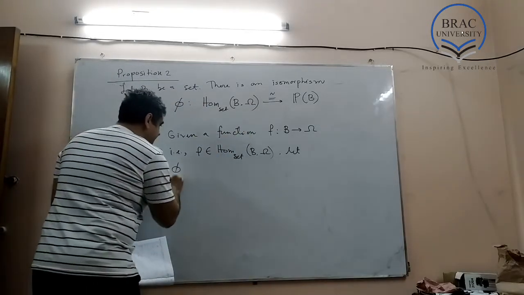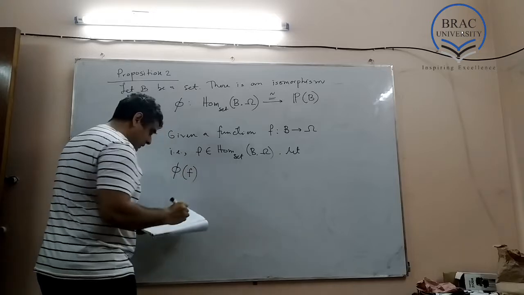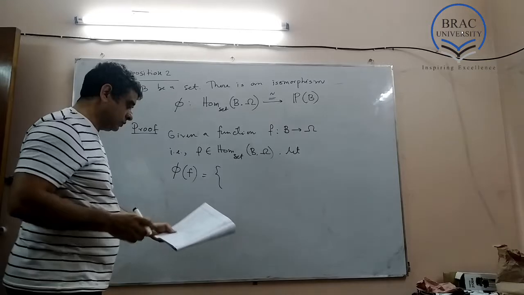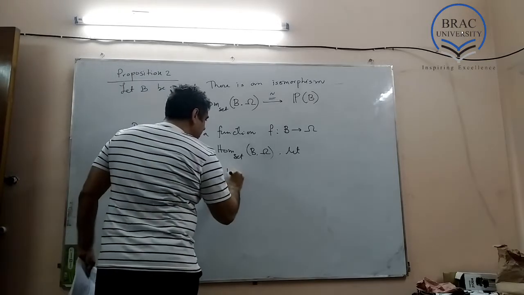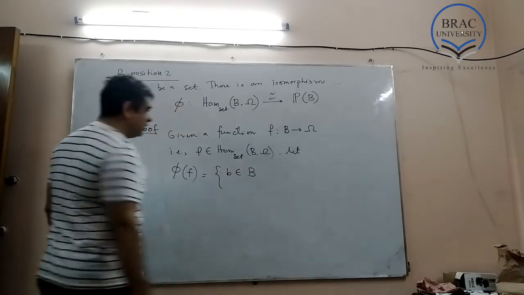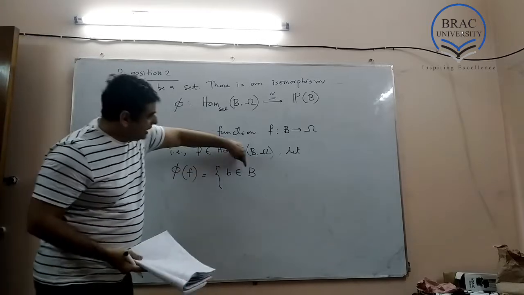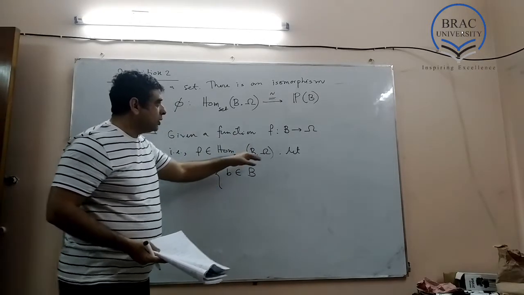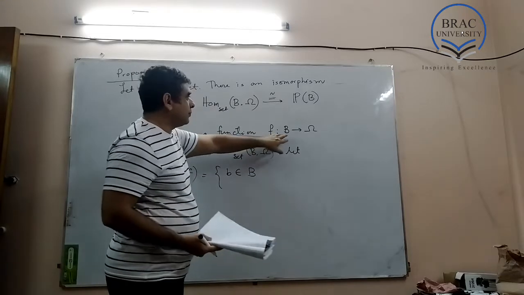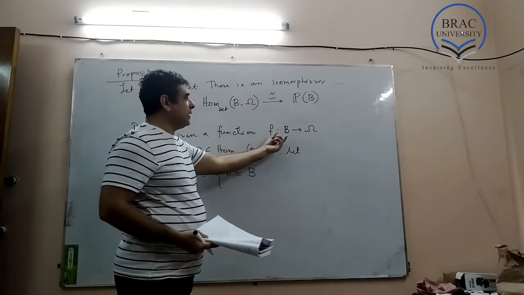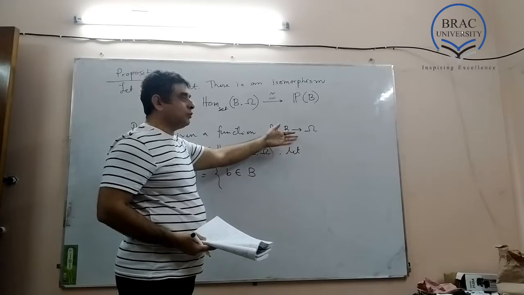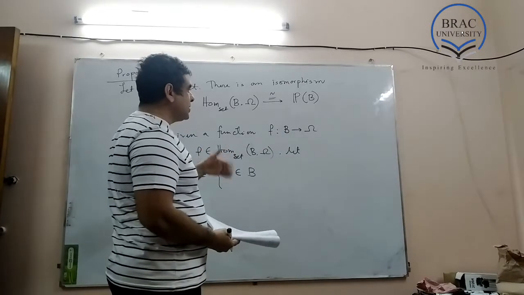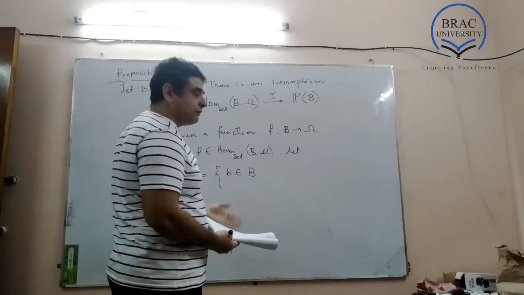So phi of f is defined as all the elements from B for which f of b is going to be true, okay? Because f acting on an element of B can be true or false. We want only those b's on which f acting will be true.